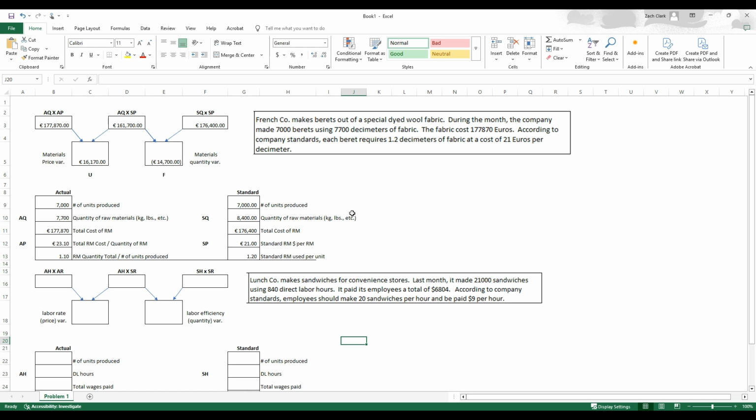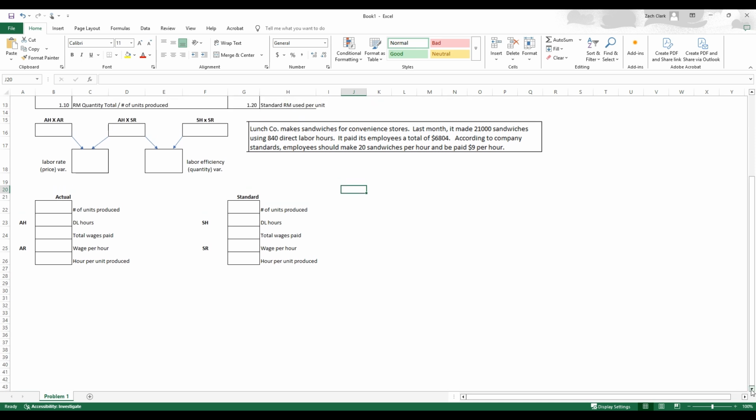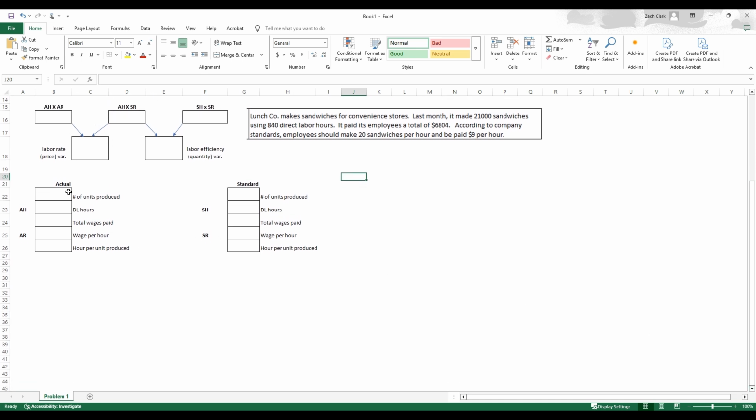There are obviously some differences in the terms we use, but we're going to think of this in a similar way as the cost of materials inputs, and hopefully that'll be clear as we work through. Okay, so let's follow a similar process here and start filling out our template.